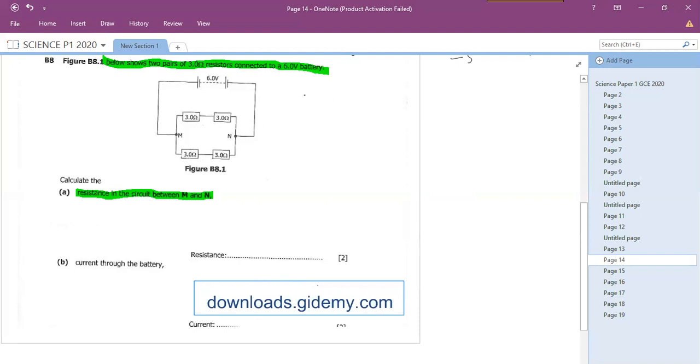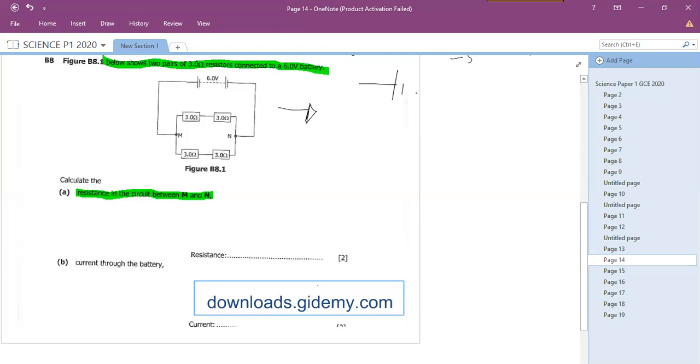Resistance connected in series can be added algebraically, so 3 ohms plus 3 ohms is 6 ohms. The total resistance for the top two is 6 ohms, and for the bottom two is also 6 ohms. So we can convert this diagram to look like this.